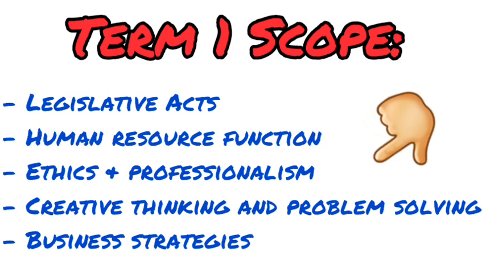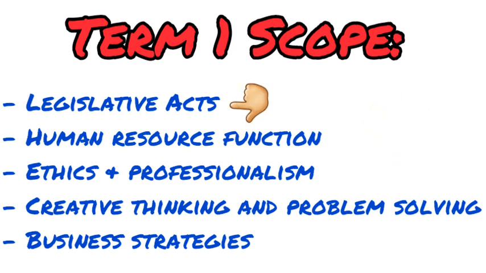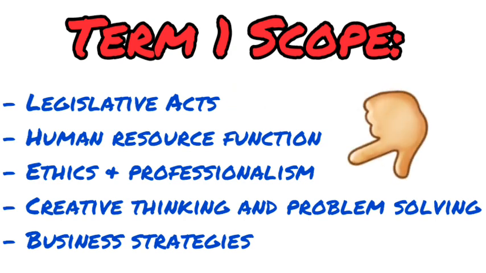So what I'm saying is, if you get to the question paper and you had studied human resources, ethics and professionalism, creative thinking and business strategies, you can choose those topics, because look at the odds. If you study legislative acts, you're basically going to have to prepare for 9 essays, whereas with the rest of those 4 topics, you're only studying for 4 topics.